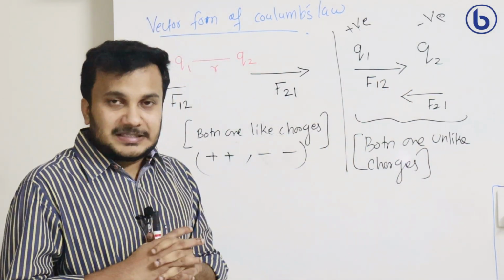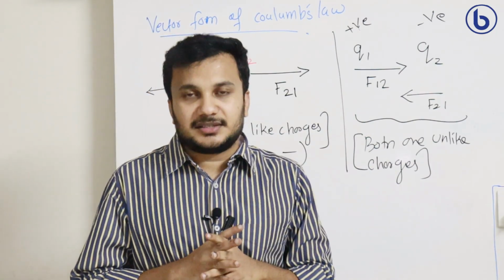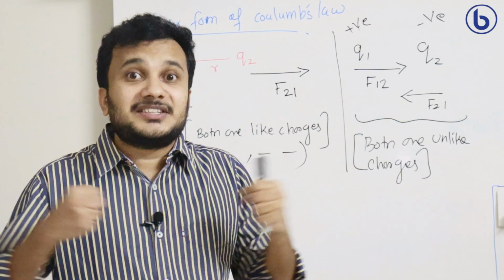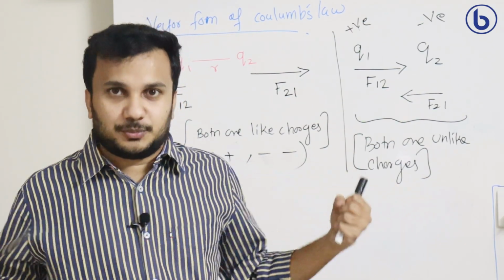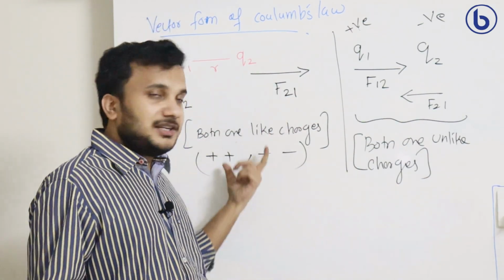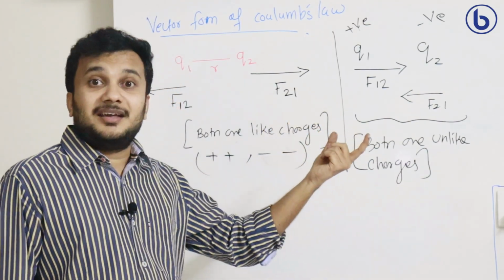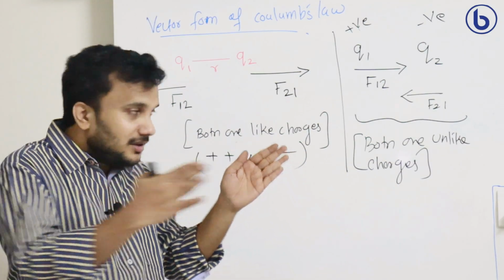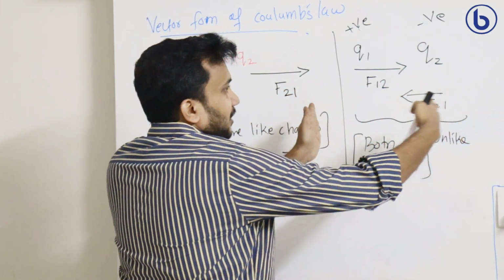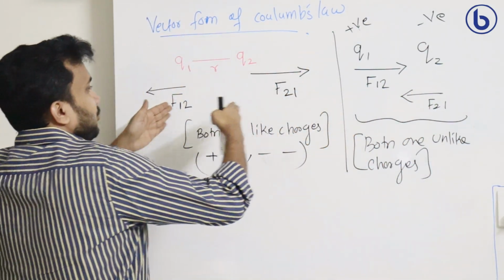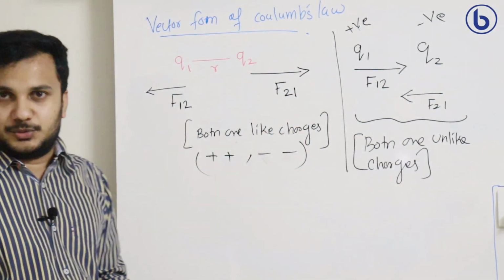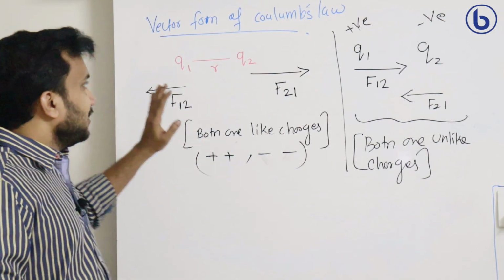So in Coulomb's law cases, the force between the two charged particles is always in opposite direction, whether like charges or unlike charges. Either both are moving toward each other as in the second case, or both are moving away from each other as in the first case. So there are two cases. Okay, so understand this concept.